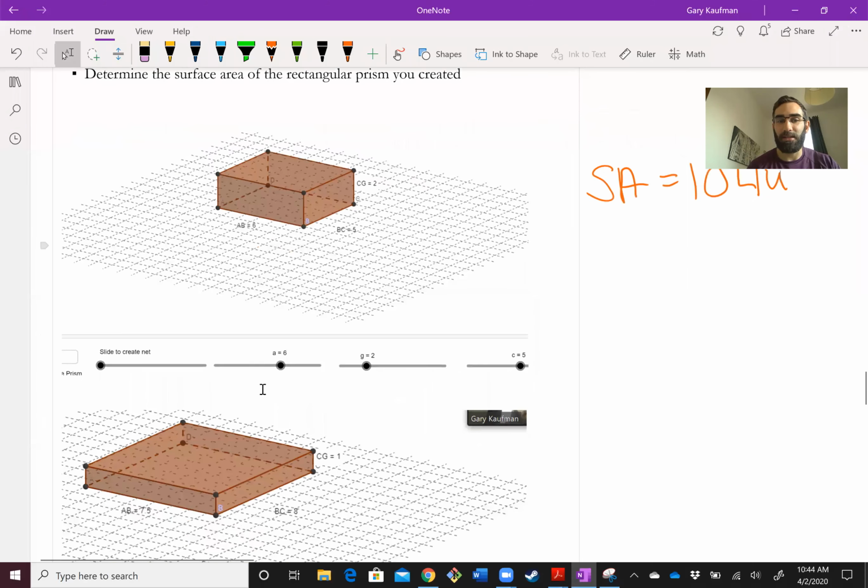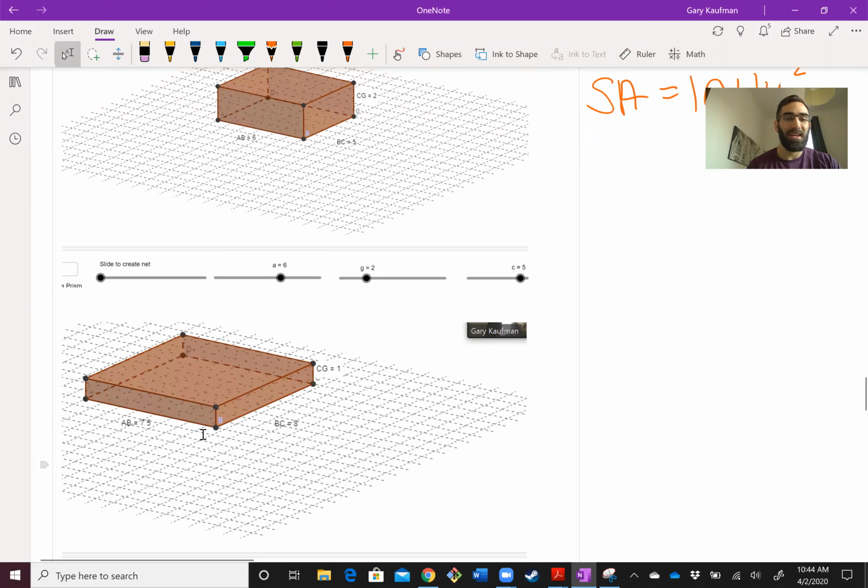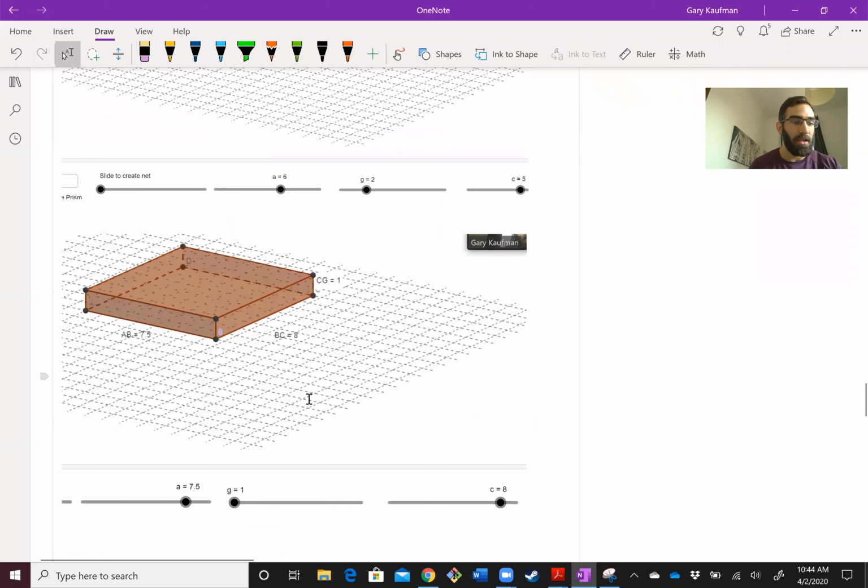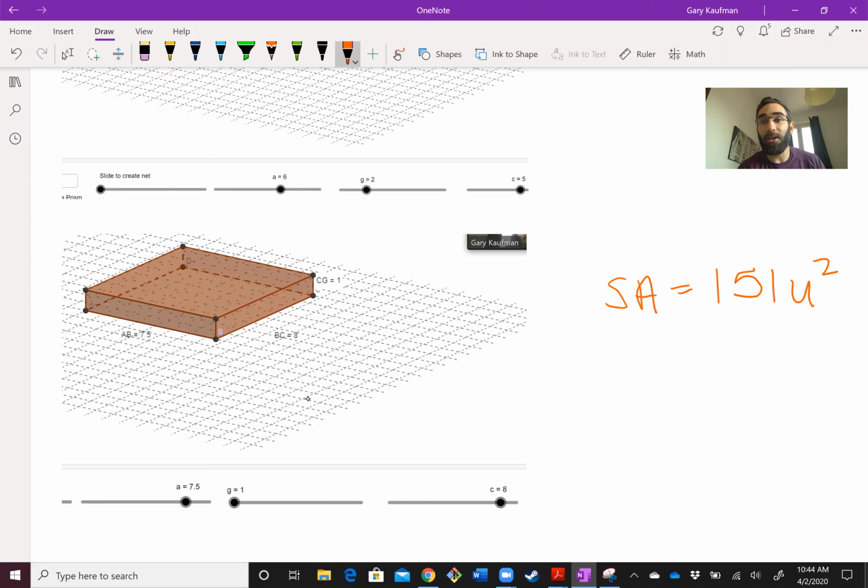Now, in my second example, I made the base 7.5 by 8 and a height of 1, still a volume of 60, but this surface area is 151 units squared. What I'm hoping to show is while the volume can be the same, the surface area may be different.